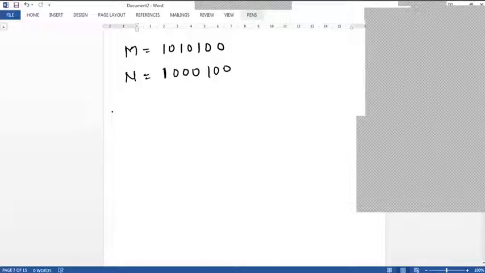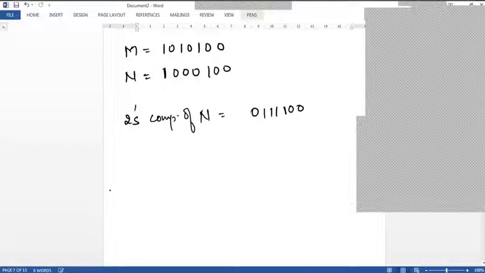Okay. चलो now what we need to do here, r's complement यानी 2's complement. 2's complement of n is, डायरेक्ट 0 0 1 एज इट इज, और पीछे वाले सभी फ्लिप कर दो. राइट. ओके. नाउ एड दिस टू m. m मेरा है 1 0 1 0 1 0 0. उसके अंदर मैं 2's कॉम्प्लीमेंट ऑफ n ऐड करूंगी.